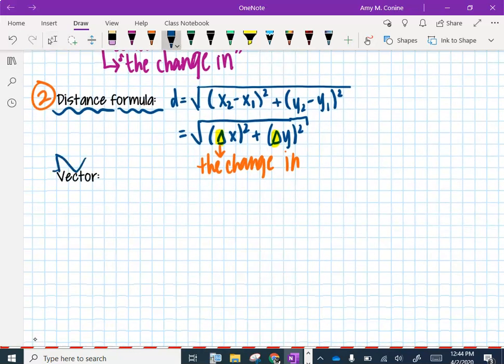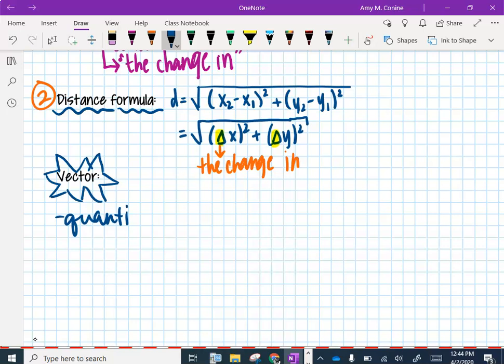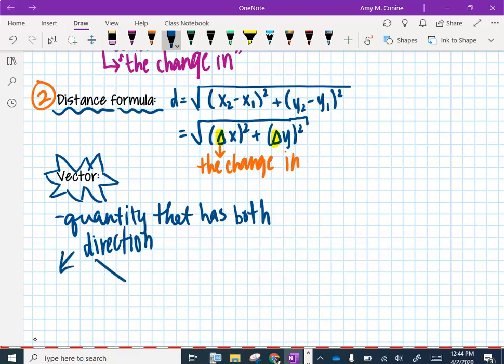So a vector, okay, is a quantity that has both direction, so direction of some sort, and magnitude.